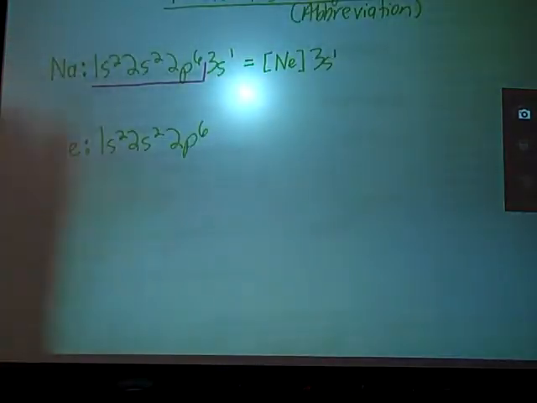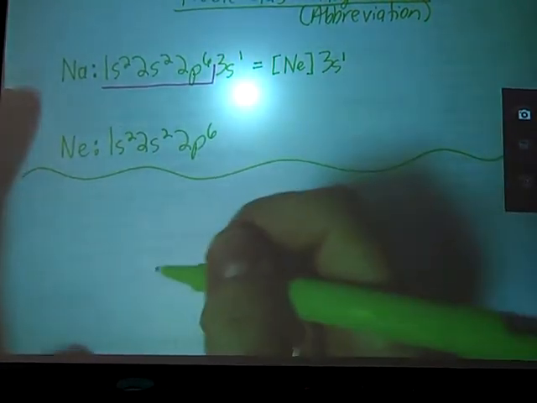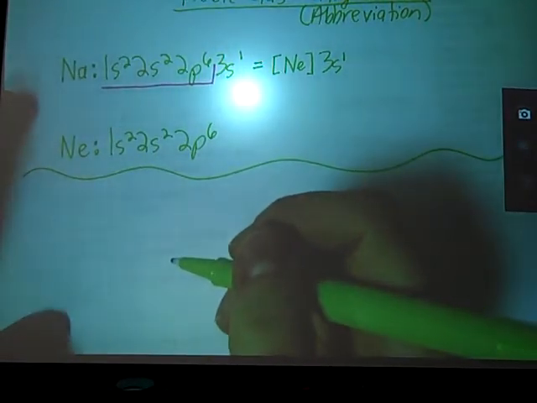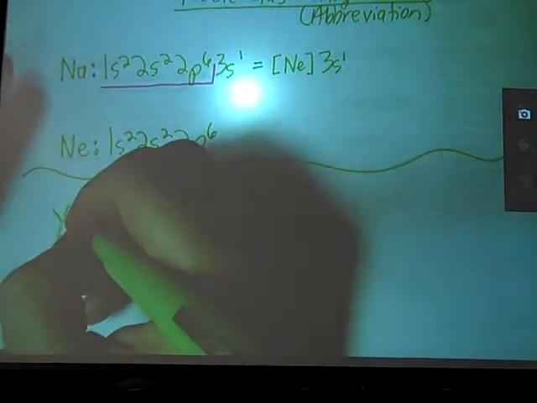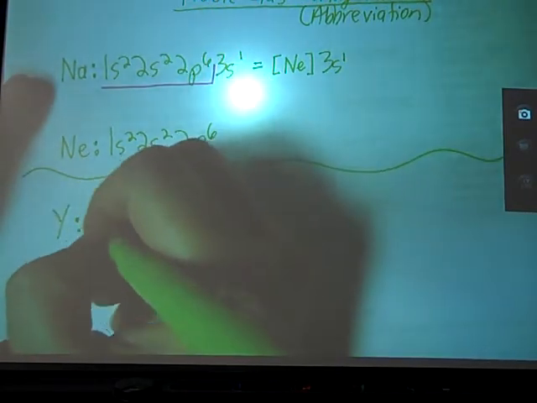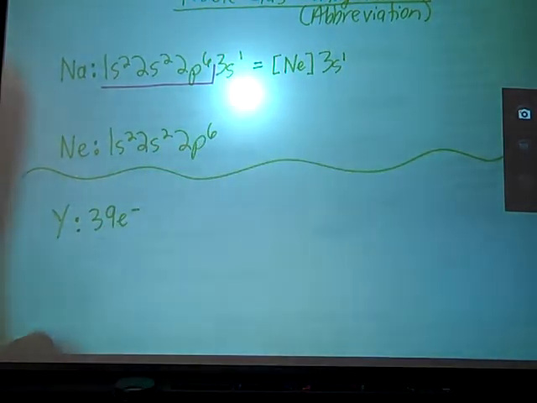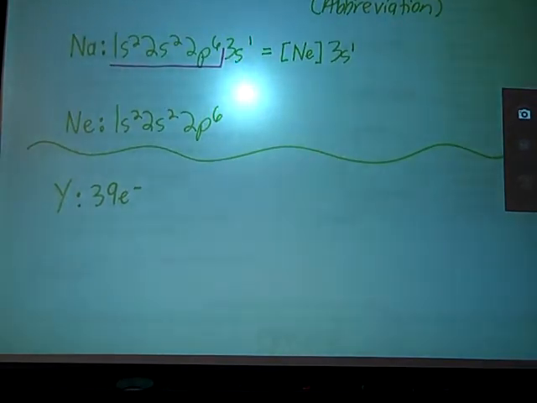So let's do another one. Let's look at perhaps the electron configuration. Let's do something a little more exciting. Let's do yttrium. 39 electrons to place. So not too bad, but still a ways.